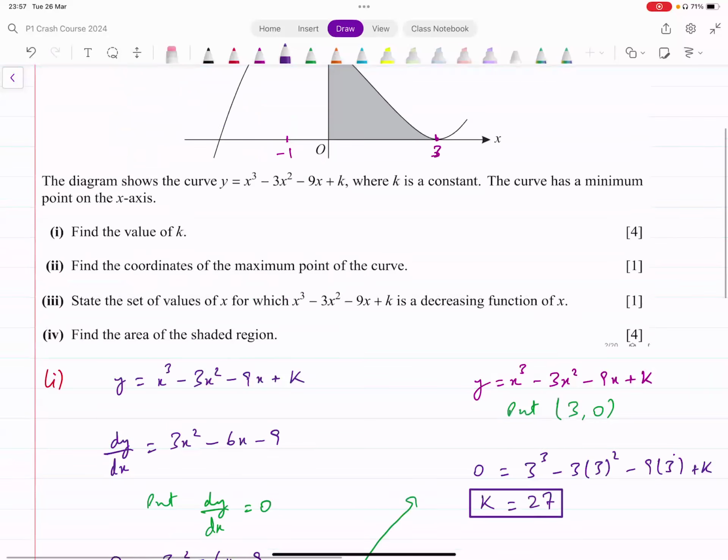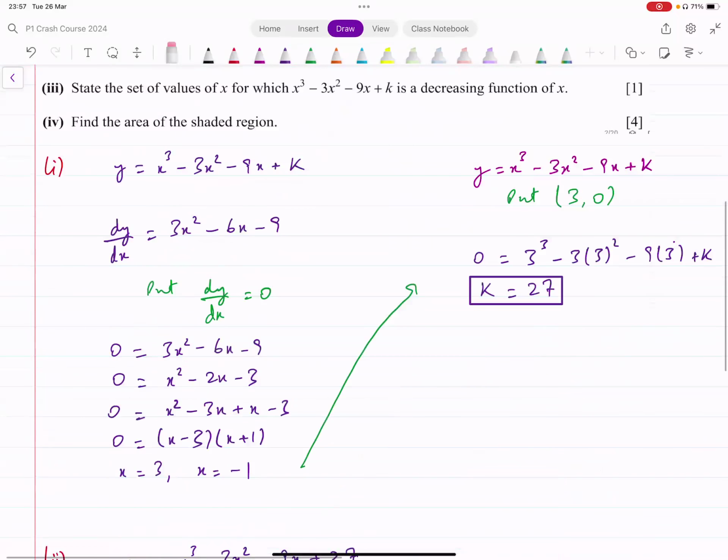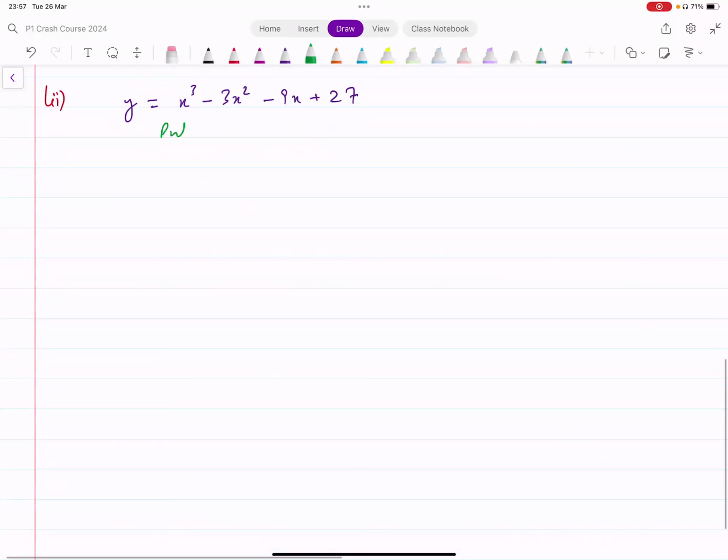Okay. Now, what about the coordinates of the maximum point? Just input x equals -1 in the function, and that will give you the corresponding y coordinate. So we put x equals -1, and that gives us y equals (-1) cubed minus 3 into (-1) squared minus 9 into -1 plus 27.